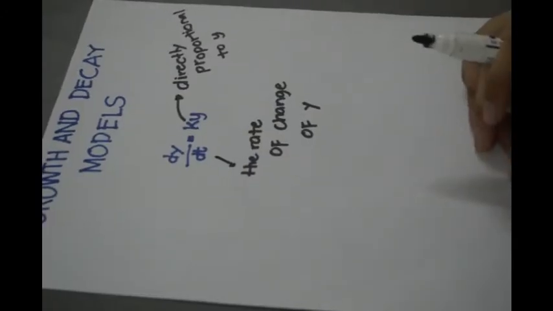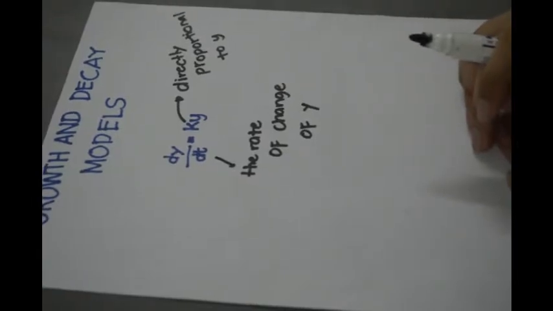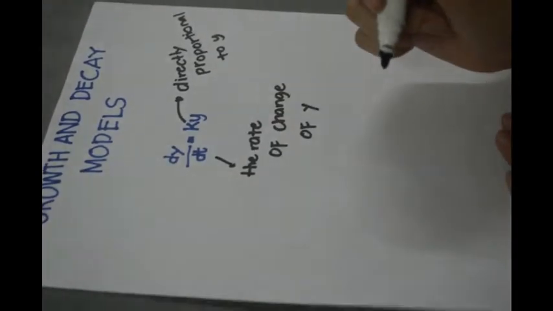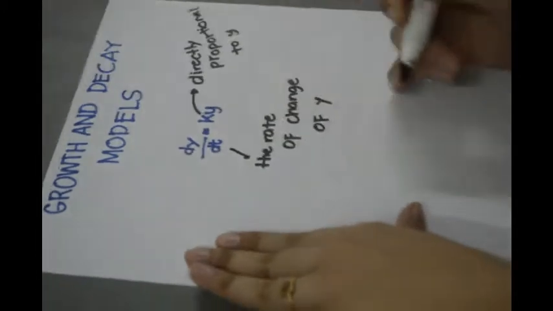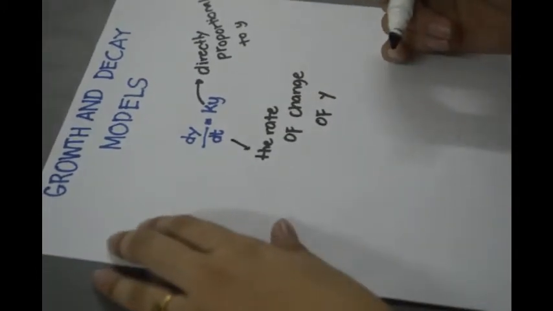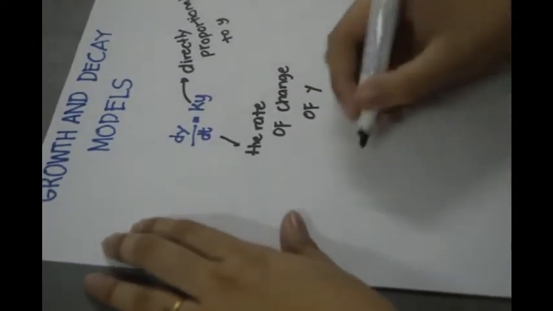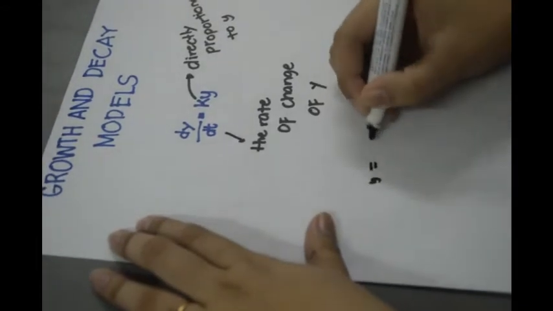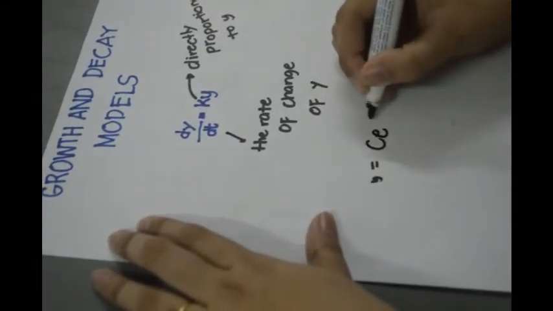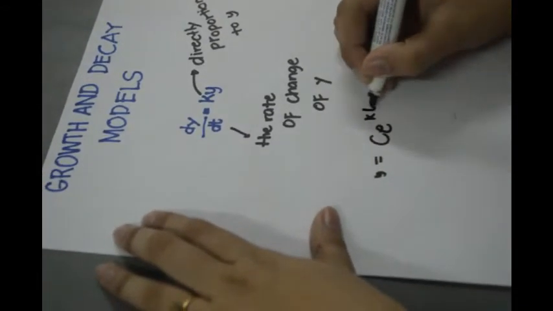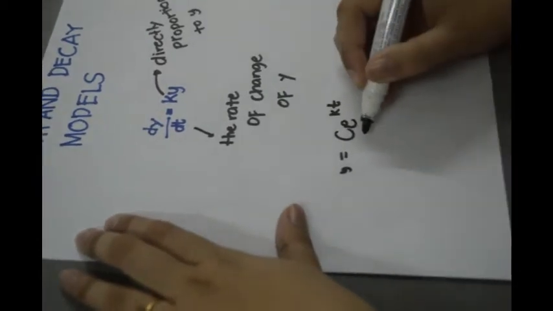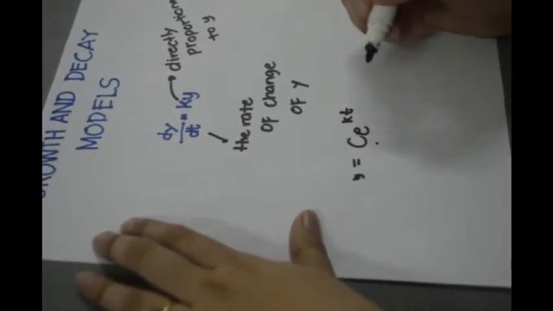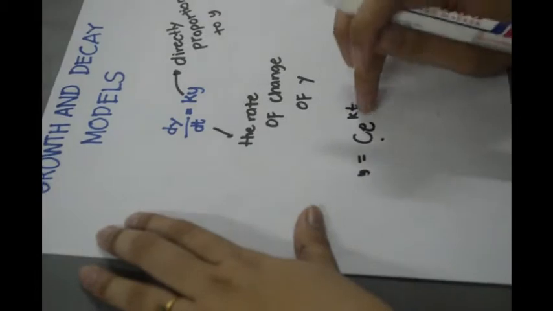If y is a differentiable function of t such that y is greater than 0 and y prime is equal to k times y for some constant k, then y is equal to c e raised to k times t, where c is the initial value of y and k is the proportionality constant.